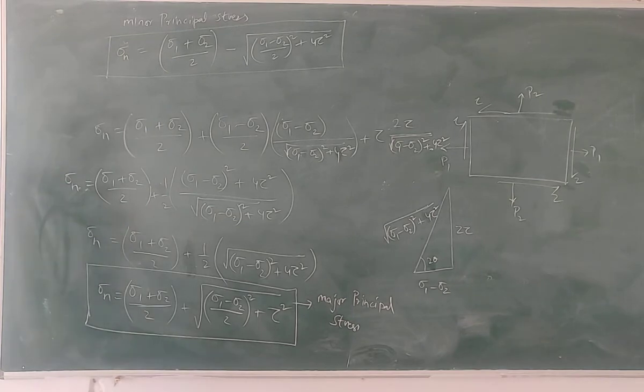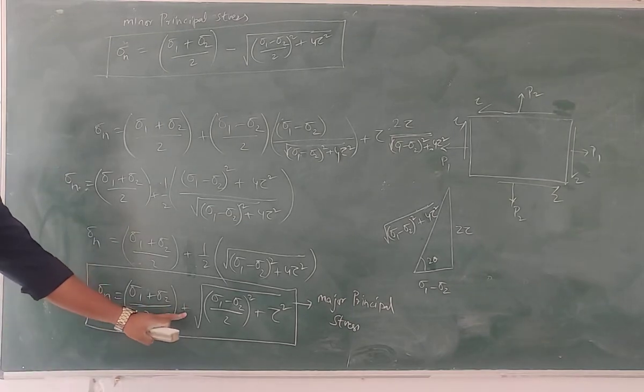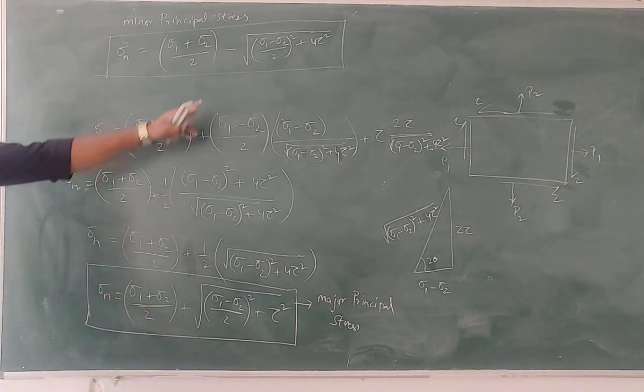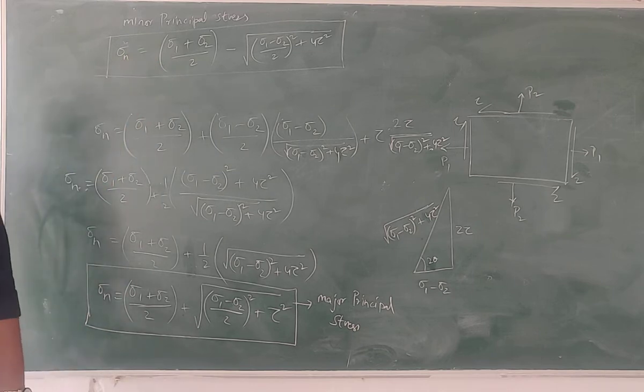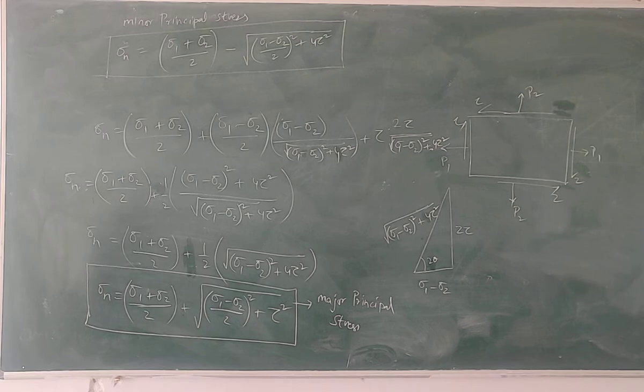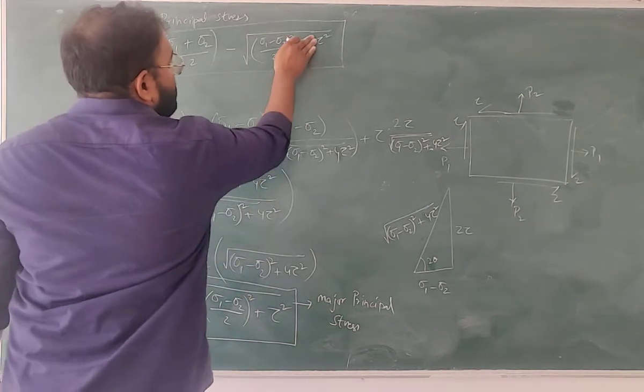Okay, this is major principal stress. You have a plus sign here. Minor principal stress will have a negative sign here, plus tau square.